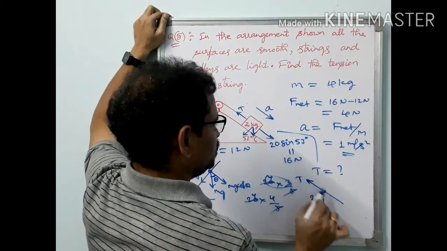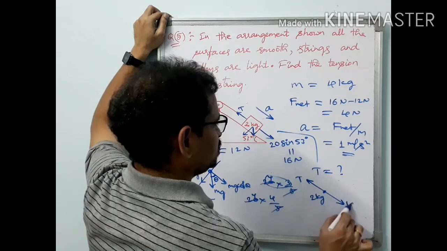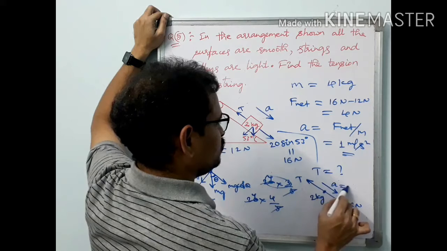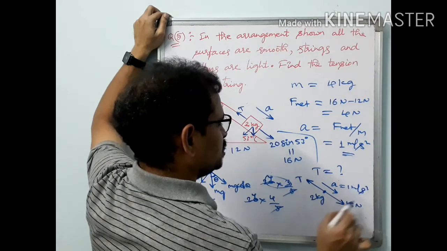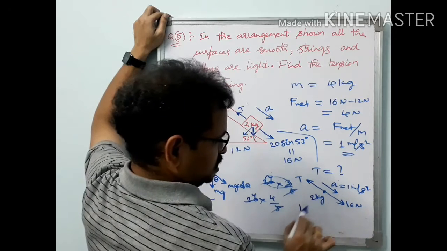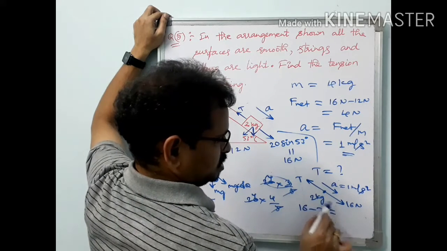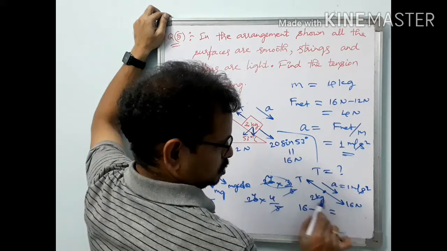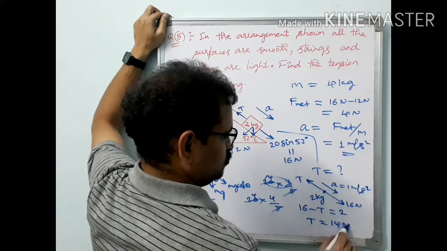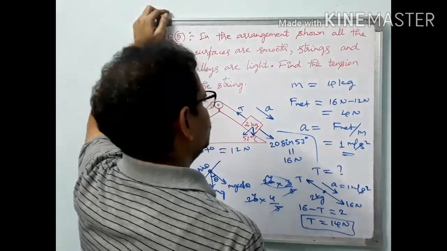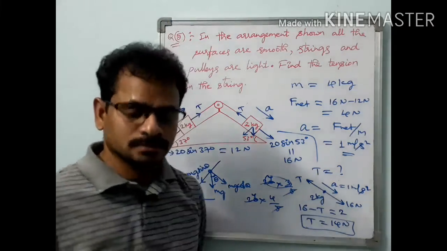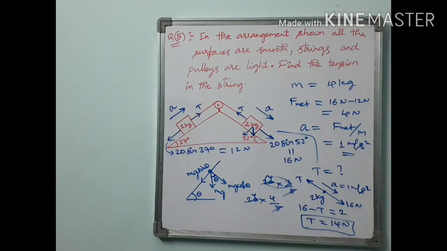This is the tension T. This is 16 newtons. In this direction, it is having acceleration a equal to 1 meter per second square. Therefore, what is the net force here? 16 minus T is the net force, equal to 2a, equal to 2. Therefore, T equal to 14 newtons. So the tension force is 14 newtons. Simple or not? Simple.